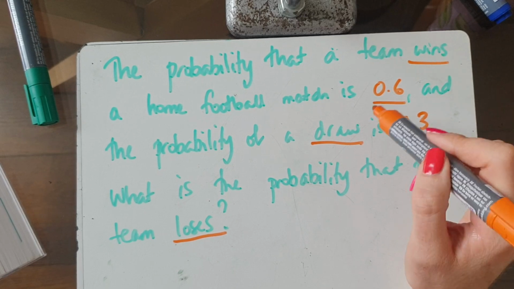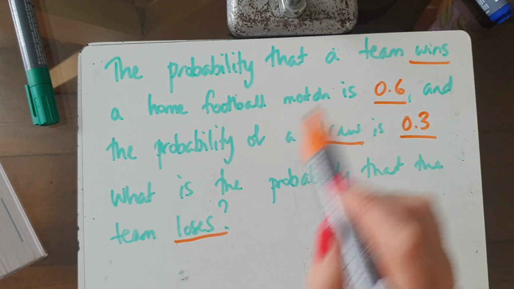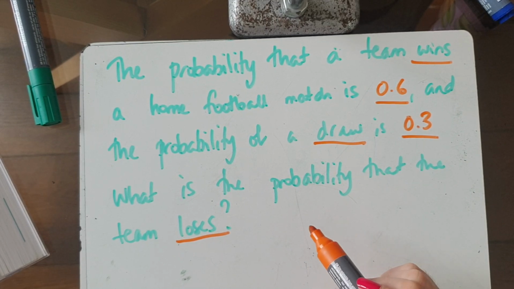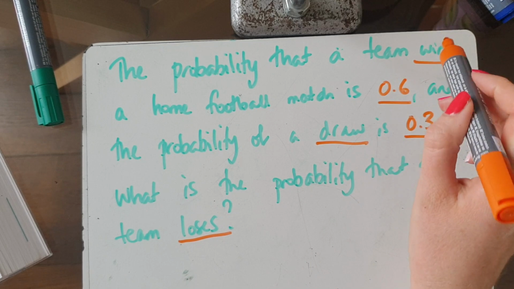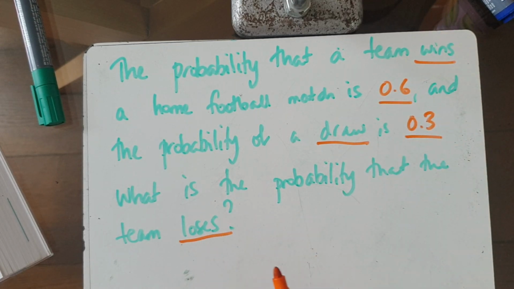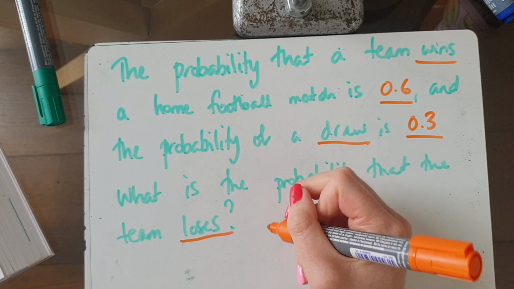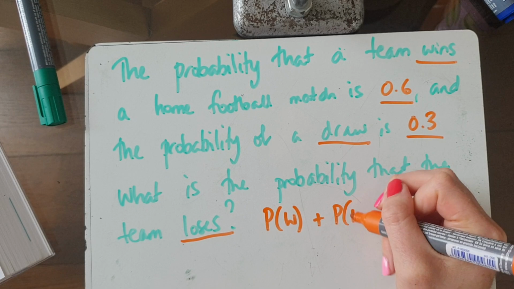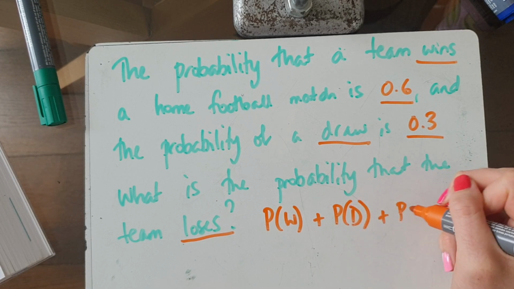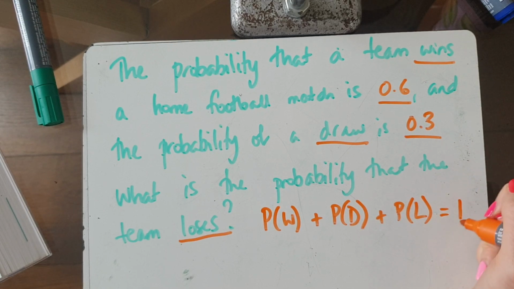They cannot win and draw at the same time. They cannot win and lose at the same time. And they cannot draw and lose at the same time. So winning, drawing and losing are mutually exclusive events, which means the probability of winning plus the probability of drawing plus the probability of losing must add up to 1.